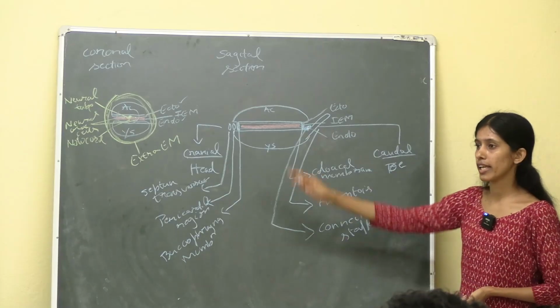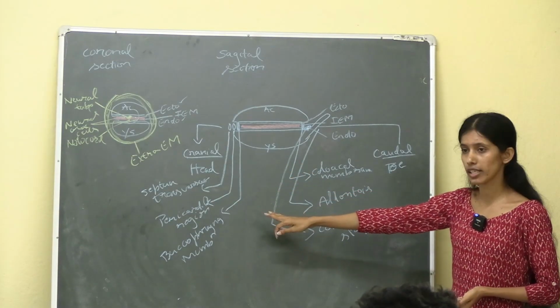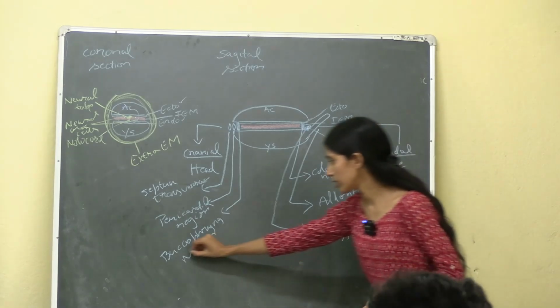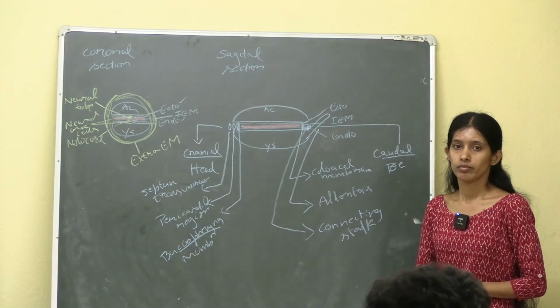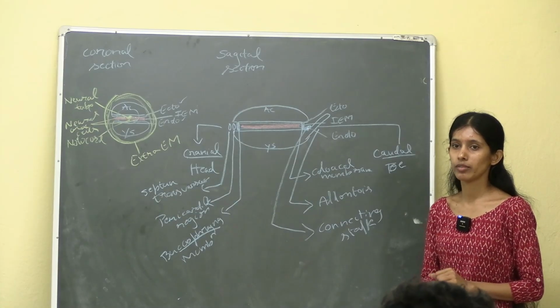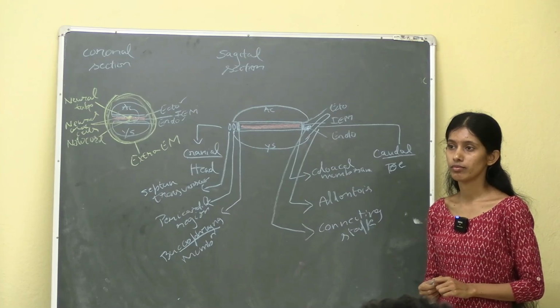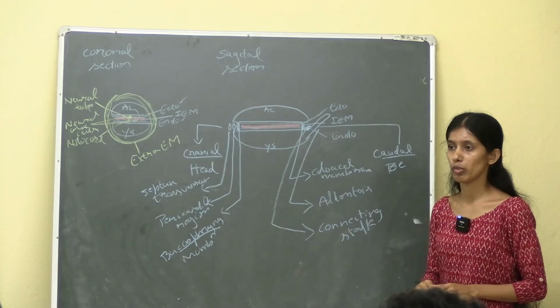Okay. On the cranial end, we have septum transversum followed by the pericardial region, then we have the buccopharyngeal membrane. What is another name for the buccopharyngeal membrane? Find out what is another name for it. Okay.